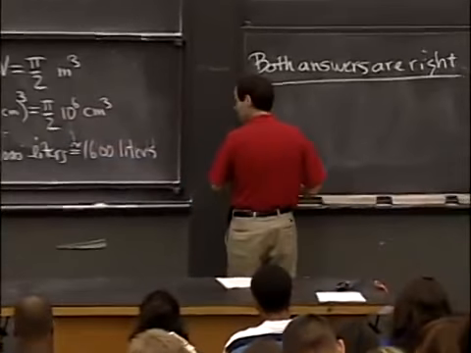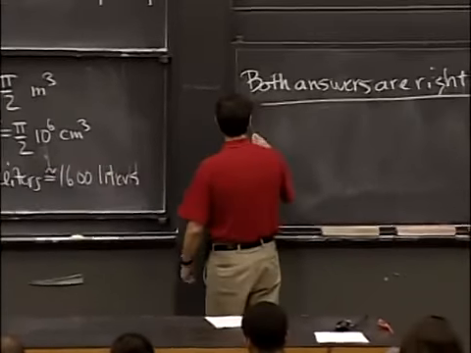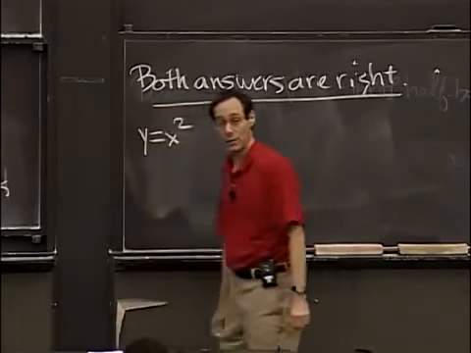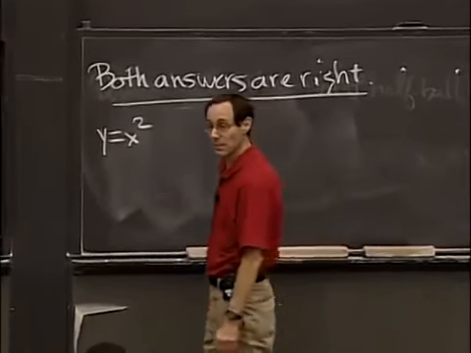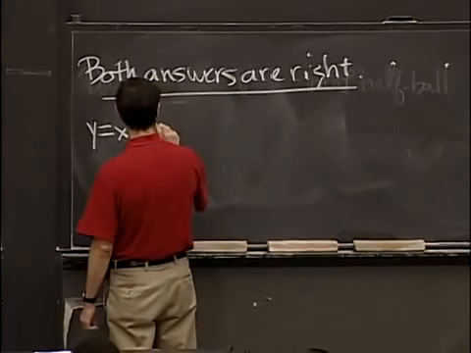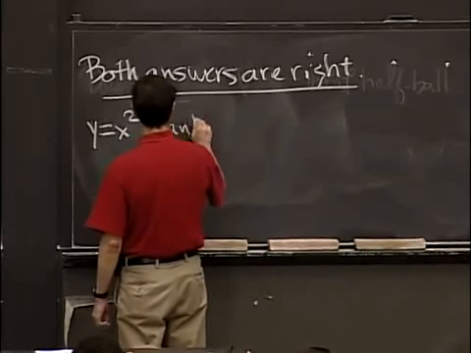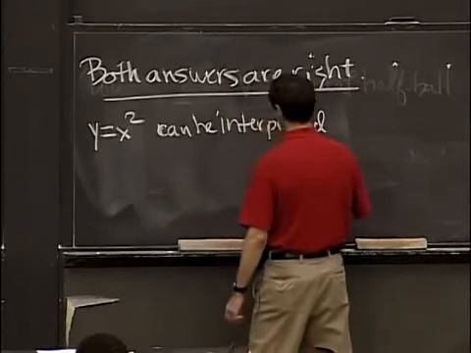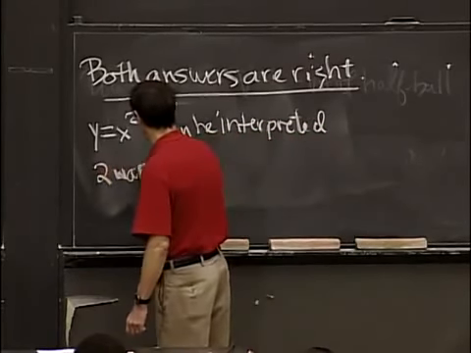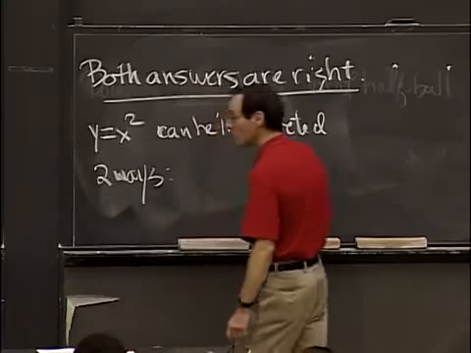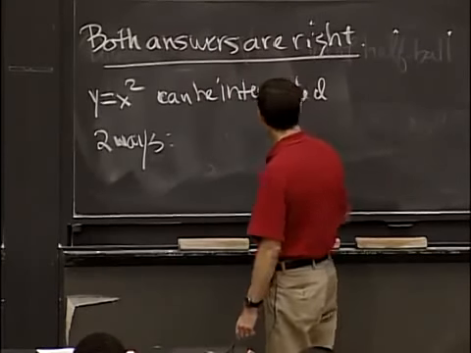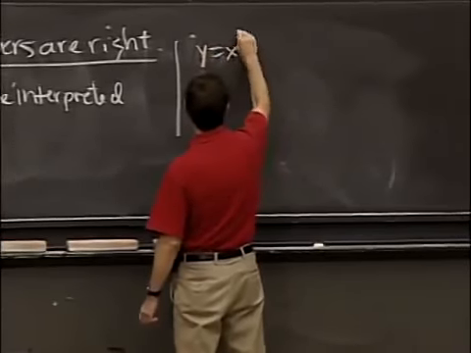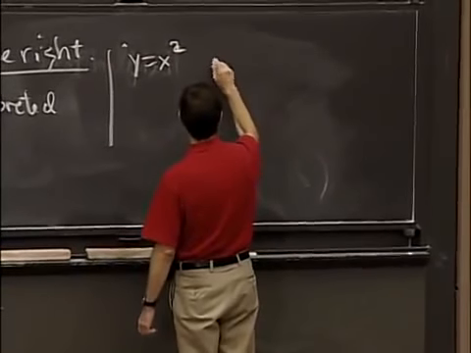What's the matter is that you have to interpret the equation y equals x squared in two different ways. Two ways. So let me explain what they are. For instance, you can take y equals x squared in centimeters.